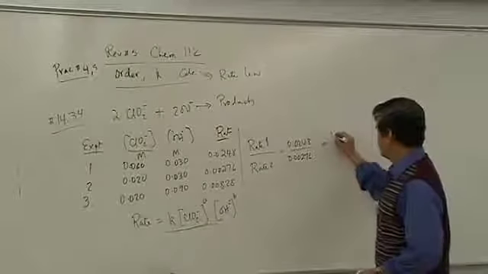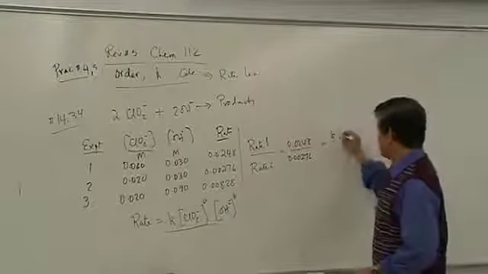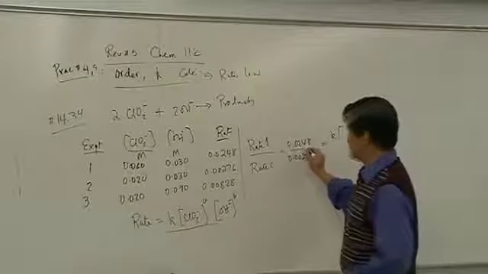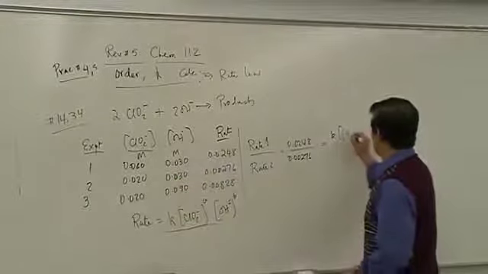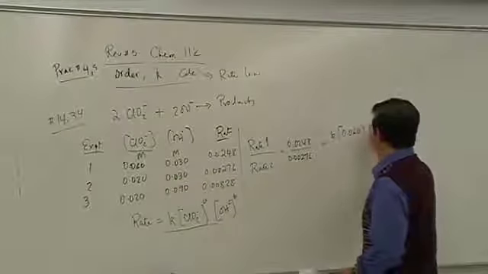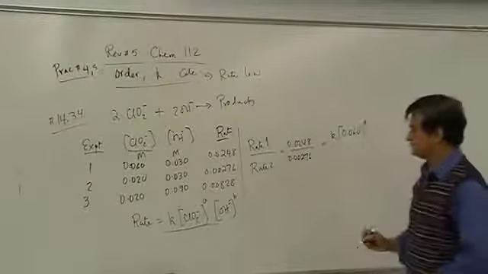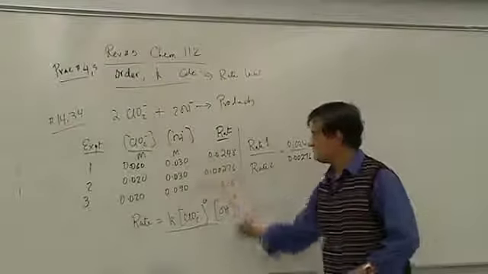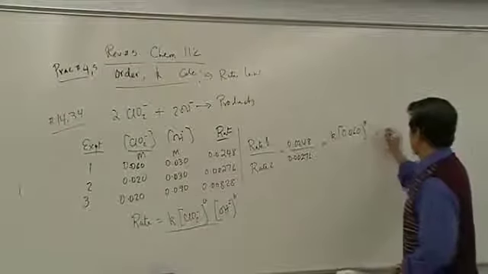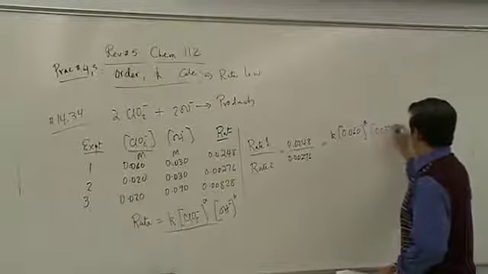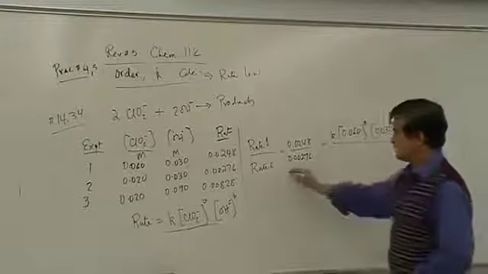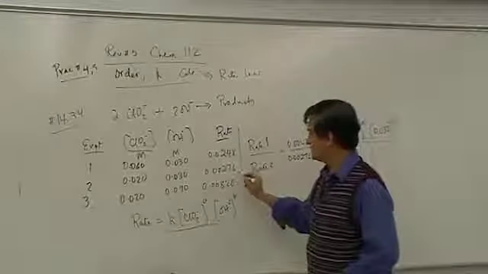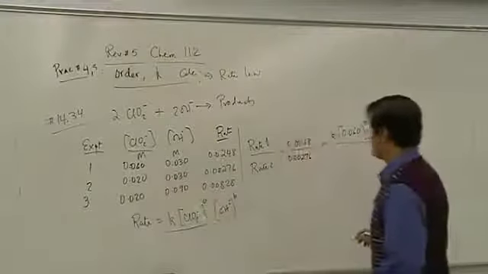So the K, which you don't know at this time, times the ClO2 concentration. The top one is rate 1, so 0.060 raised to the power A, then OH minus 0.030 raised to the power B. At the bottom, again that's coming from rate 2, this is the rate 2 data set.